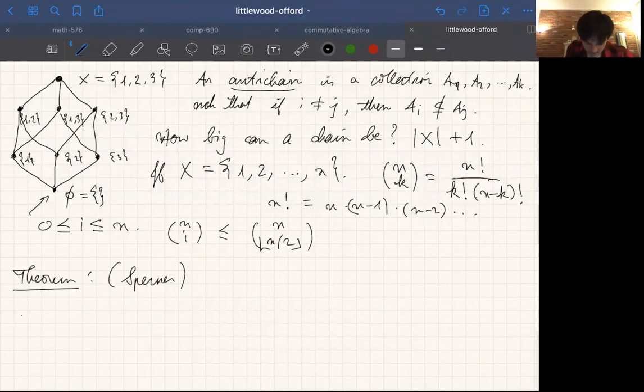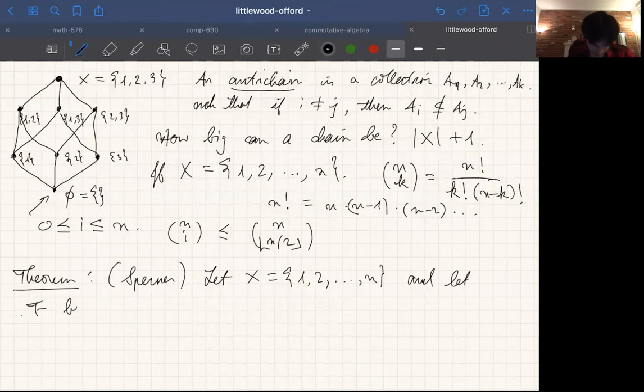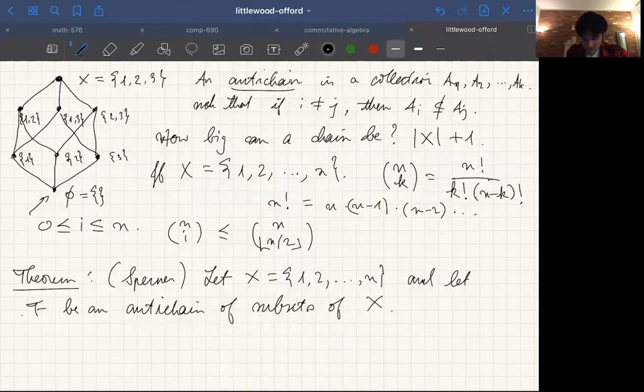Sperner's theorem: let X be 1 to n, and let F be an antichain of subsets of X. Then the size of F is less than or equal to n choose n over 2.